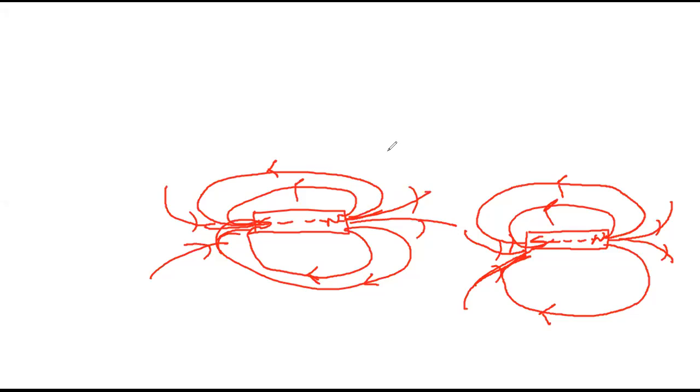No problem, no problem. Sir, done diagram. Okay, others have also done?